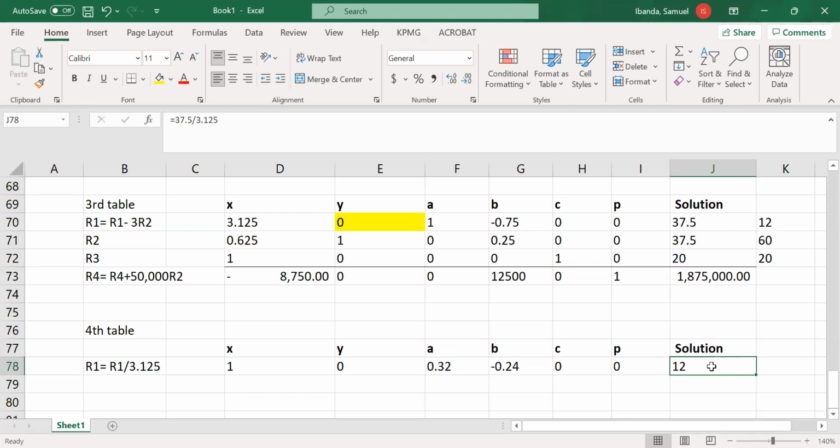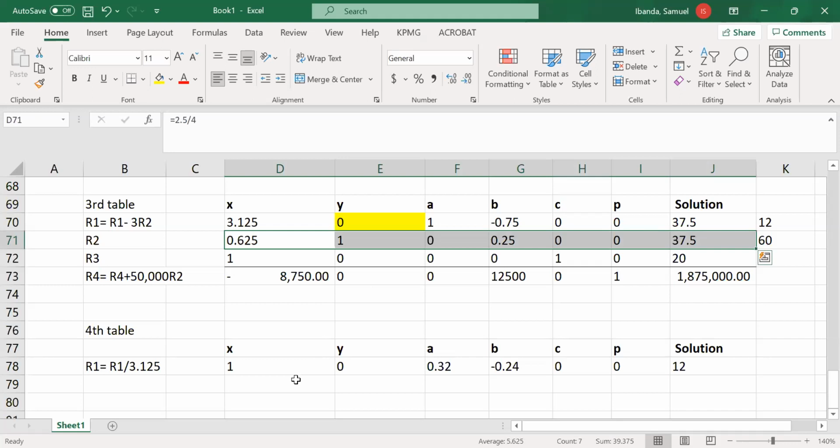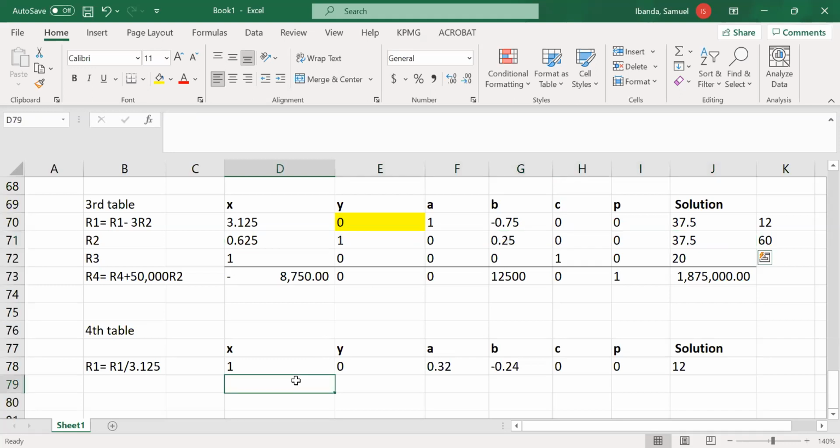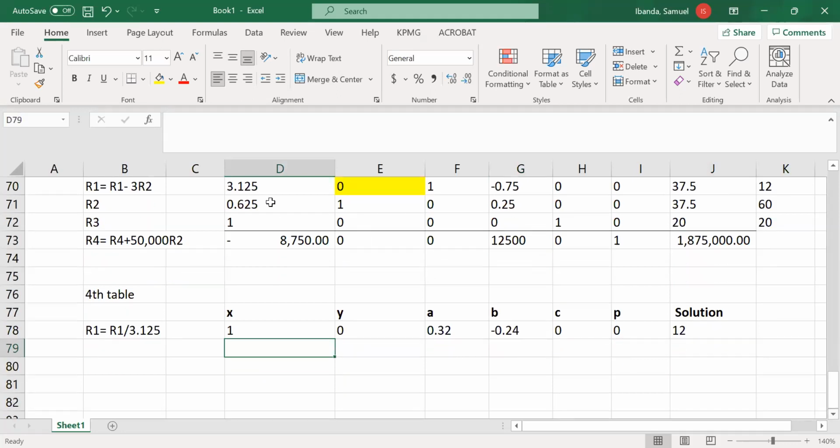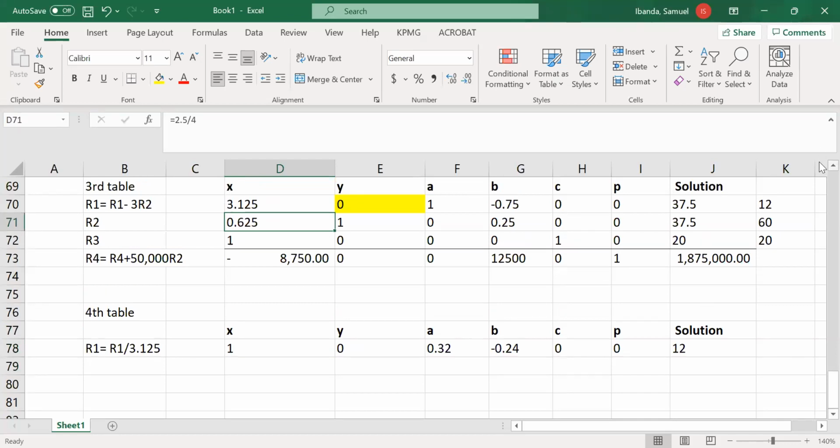Now, one of the things that we need to do is you can actually pick this and put it the way it is and move to the next table. Or sometimes, to manage time, since it's an examination, you can also go ahead to make this one 0 in the same table so that you don't have to do another table again. You get it? So you can do it all together at the same time.